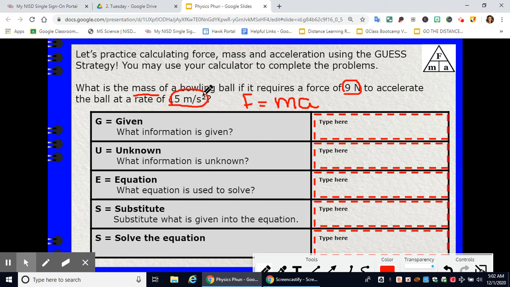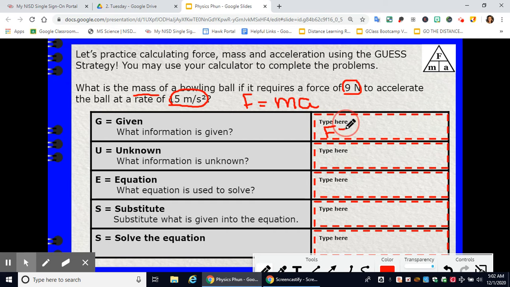So in order to do this physics problem, we can use a GUESS strategy to help us figure this out. G is going to ask us, what's given here in this information? So you want to look at your numbers and units. I see 9 newtons. I know newtons is the force. So I can say my force is given to me.